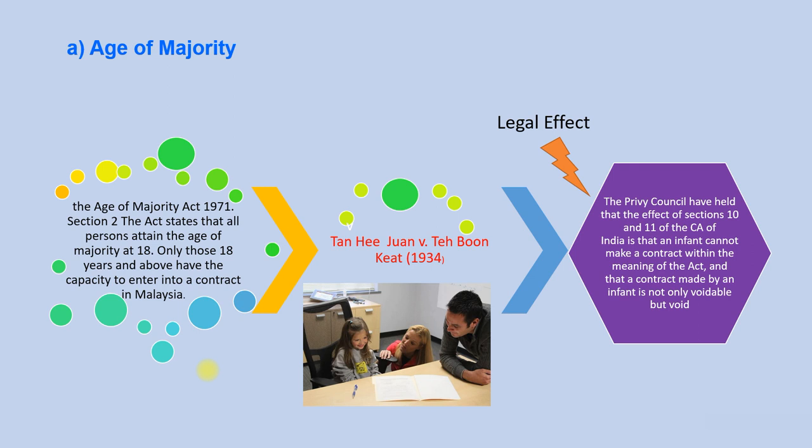In this case, it mentions India. I believe you are wondering why India. It is because our Contract Act 1950 is more or less identical with the Indian Contract Act. As you know, India is one of the Commonwealth countries, so their laws are more or less identical with ours.